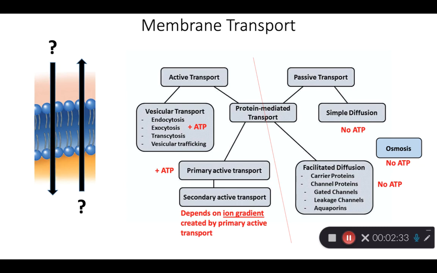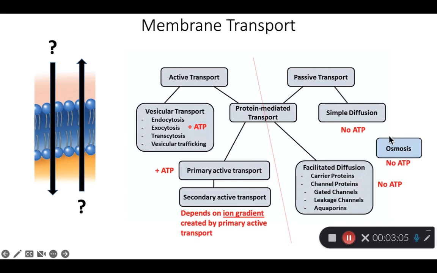Those are, again, usually going to be small, non-polar molecules. And the direction is determined by the concentration difference. So if there's a lot of the molecule on this side and very little of it on the inside, that molecule is going to go from where there's a high concentration to where there's a low concentration.